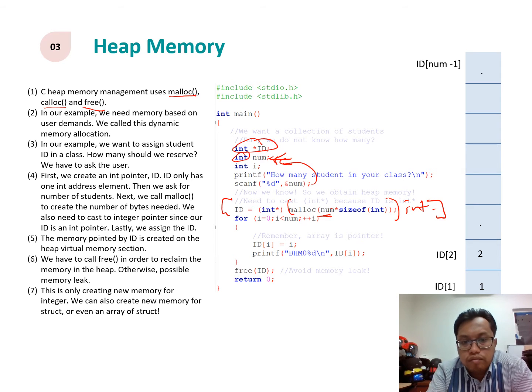And then of course you can start to print out the values and so on. And lastly, when you use dynamic memory allocation, don't forget to free the memory. Why? Because we want to avoid the memory leak.